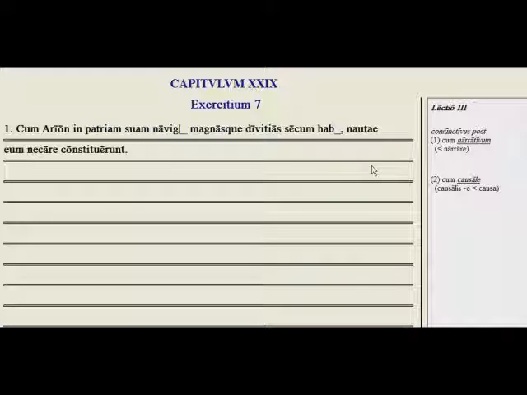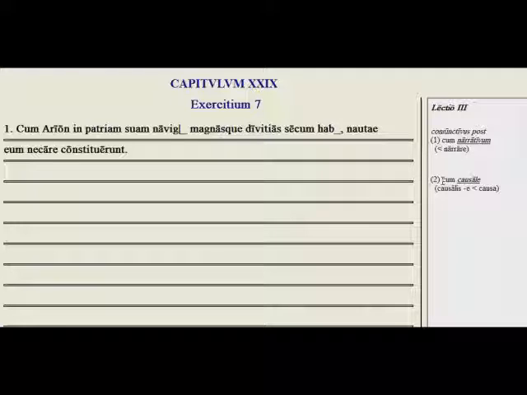Here we have practice with cum subjunctive clauses. Cum often takes a subjunctive in two major forms. The subjunctive after cum narrative is if there is a past tense event happening, so when something happened in the past, and often after that cum you will get the imperfect subjunctive.